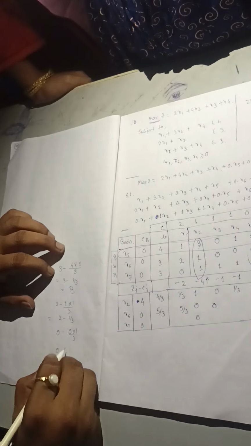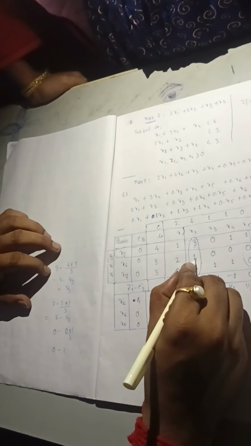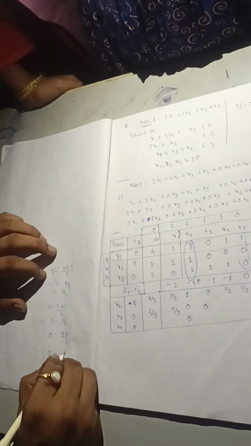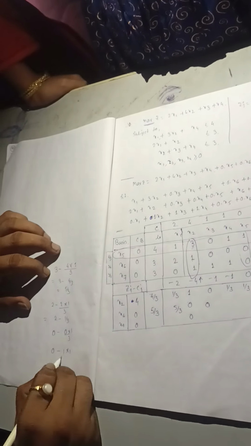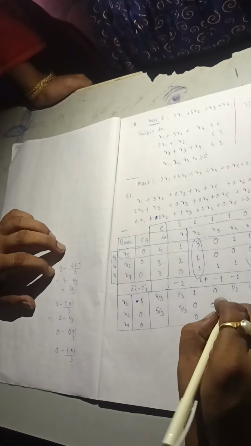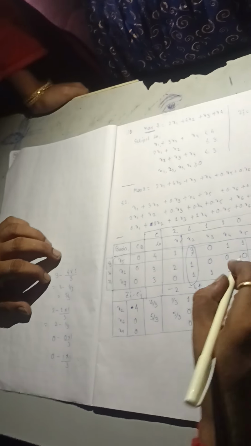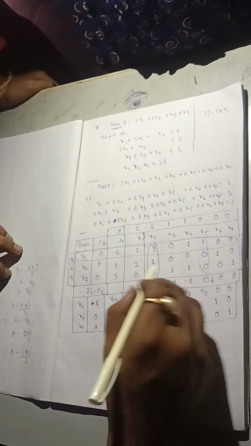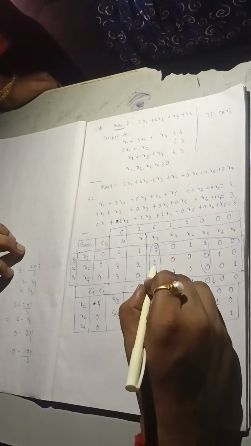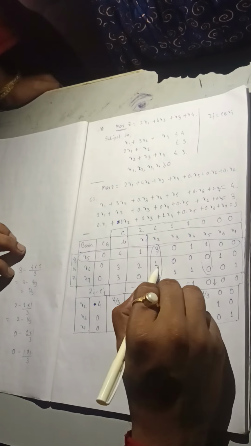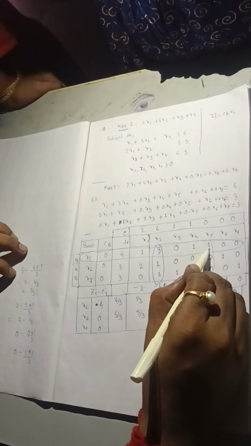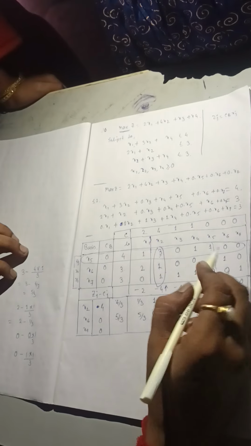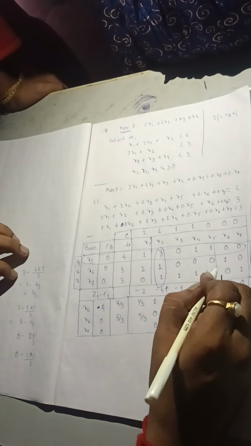So 0 minus 1 is the corresponding key column value and 1 is the corresponding key row value, right? Divided by key element is 3. So simply this will become minus 1 by 3. Now look at this 0 value. This 0 will become 0 minus 1 into 1, where 1 is the corresponding key column element and 1 is the corresponding key row element, so 1 into 1. So 0 minus 1 into 1 by 3. So again it will become minus 1 by 3, right?